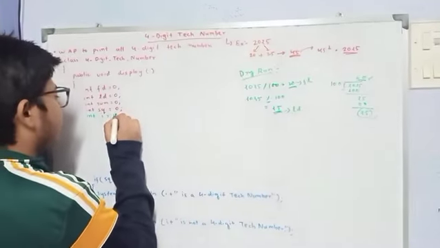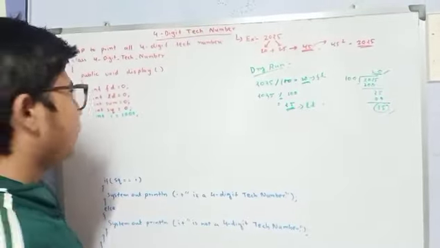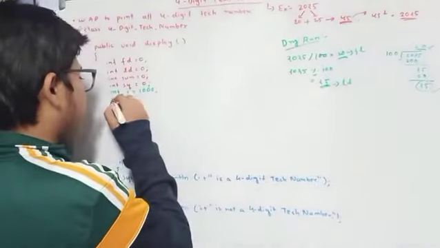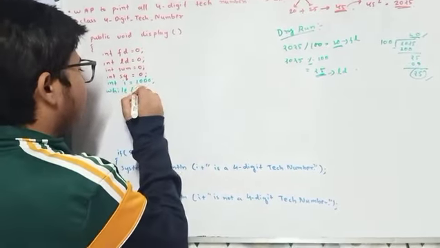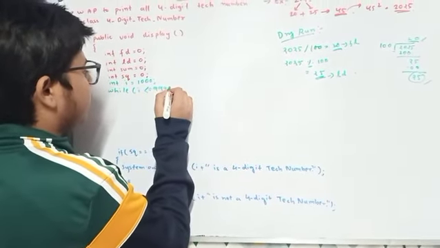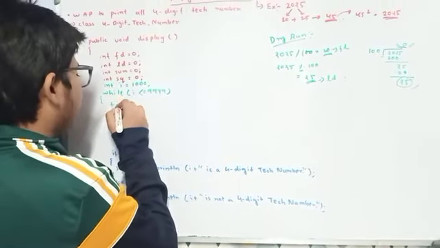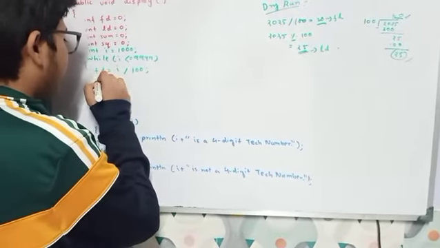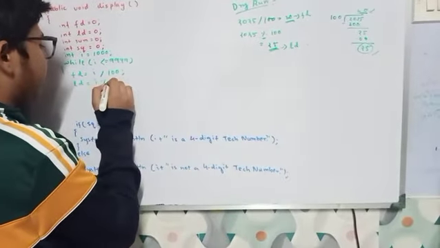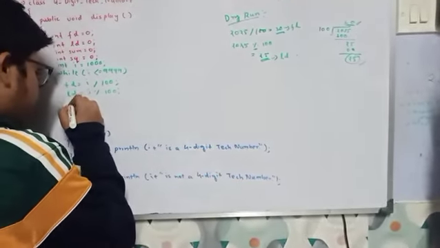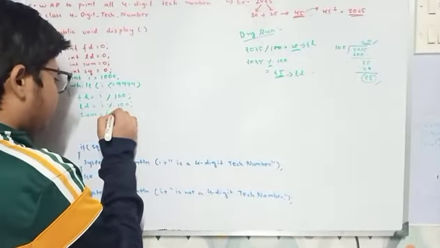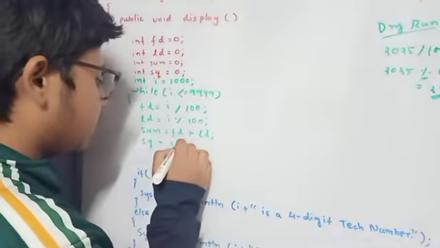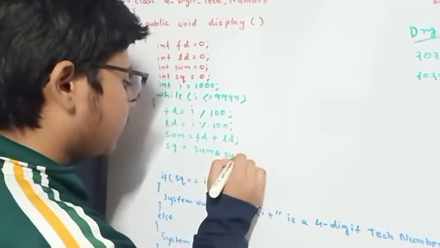int i will be equal to 1000. For doing this program in while loop, you need to initialize the value of i in the beginning. Now we will start the loop while i less than or equal to 9999. fd equals i by 100, ld equals i mod 100, sum will be equal to fd plus ld, sq will be equal to sum into sum.